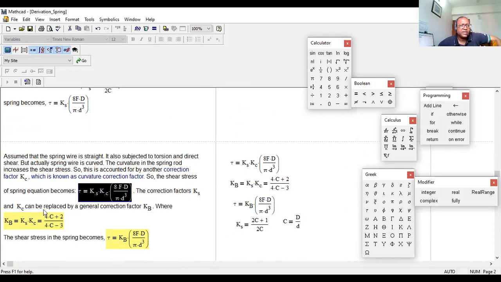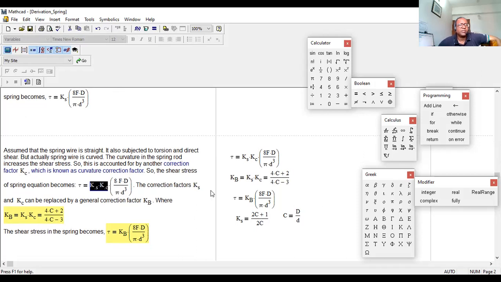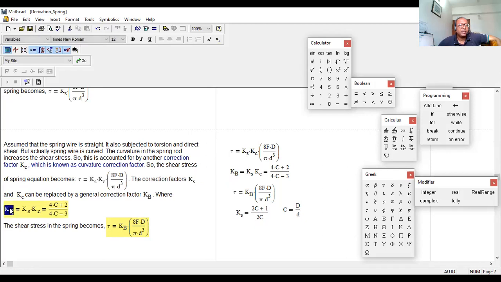Corrections Ks and Kc can be replaced. These two values can be replaced by a common correction factor called Kb. So Kb equals Ks into Kc equals 4C plus 2 divided by 4C minus 3. Now you might ask how we got this value. This is found experimentally.